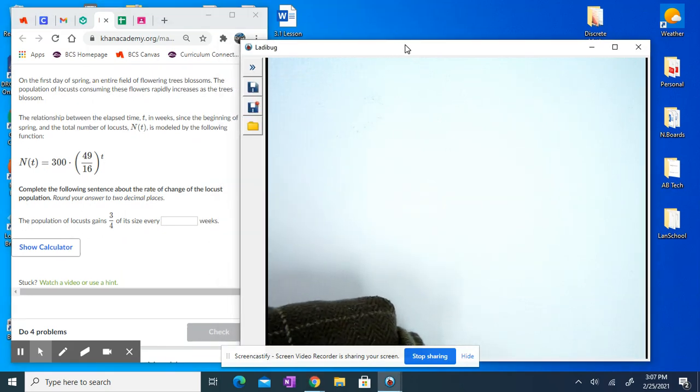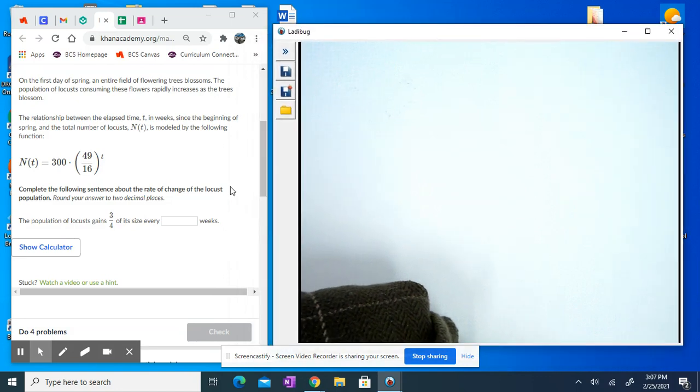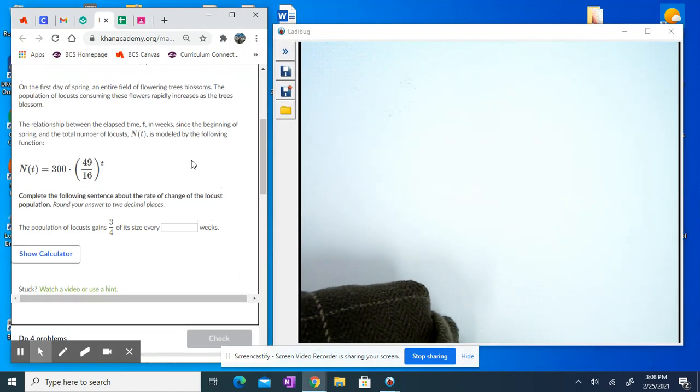All right, so let's look at this first problem. It says, on the first day of spring, an entire field of flowering trees blossoms. The population of locusts consuming these flowers rapidly increases as the trees blossom.